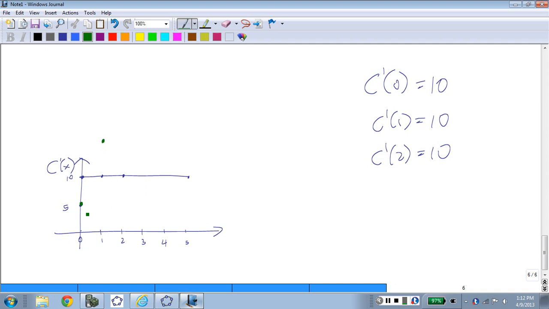So the marginal cost is flat. The cost function is an antiderivative of that. We had a constant rule. If we want to take the antiderivative of 10, it would be 10x plus a constant, wouldn't it? So how about 10x plus 5?